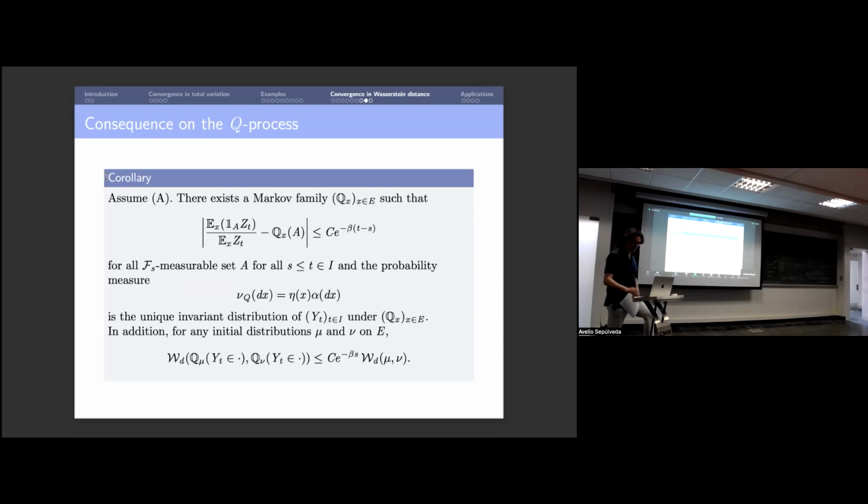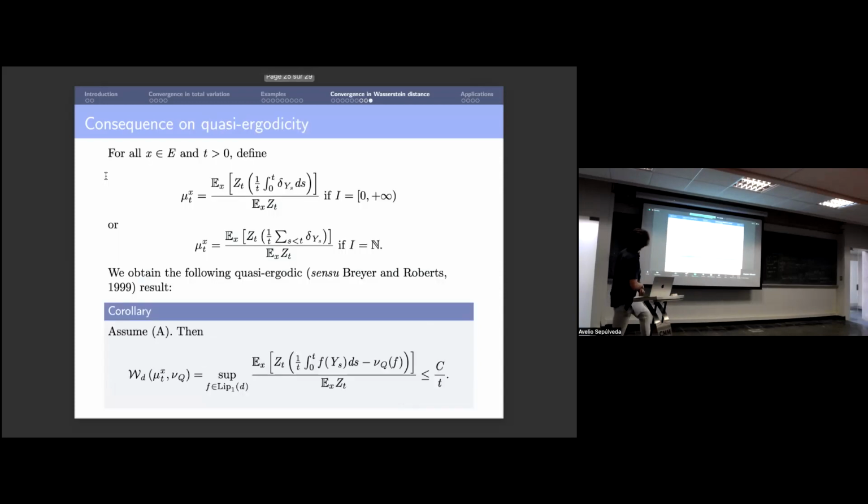And last general property, it's quasi-ergodicity. So quasi-ergodicity is trying to have ergodic theorems for conditional processes, but of course it's not easy. If you condition the process, then you cannot have L1 convergence as in the usual ergodic theorem, because you cannot compare the two copies easily.